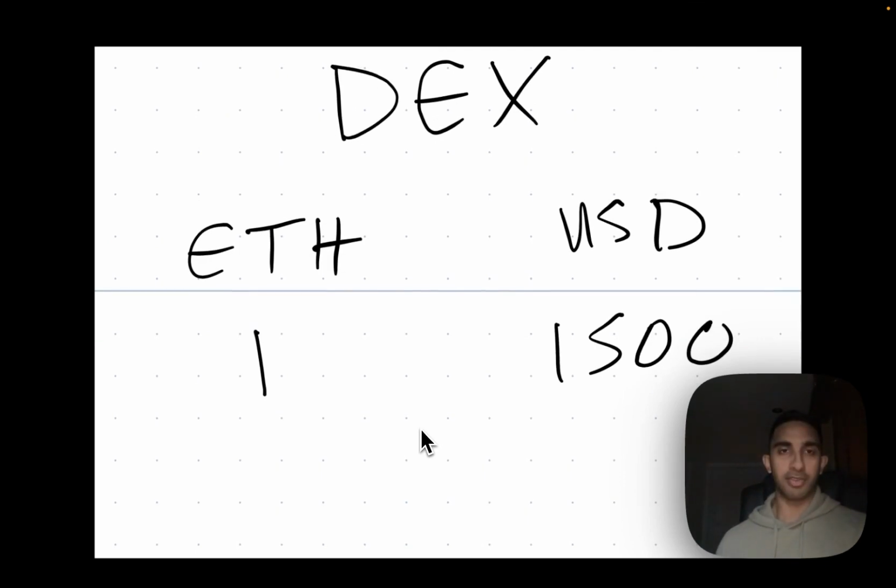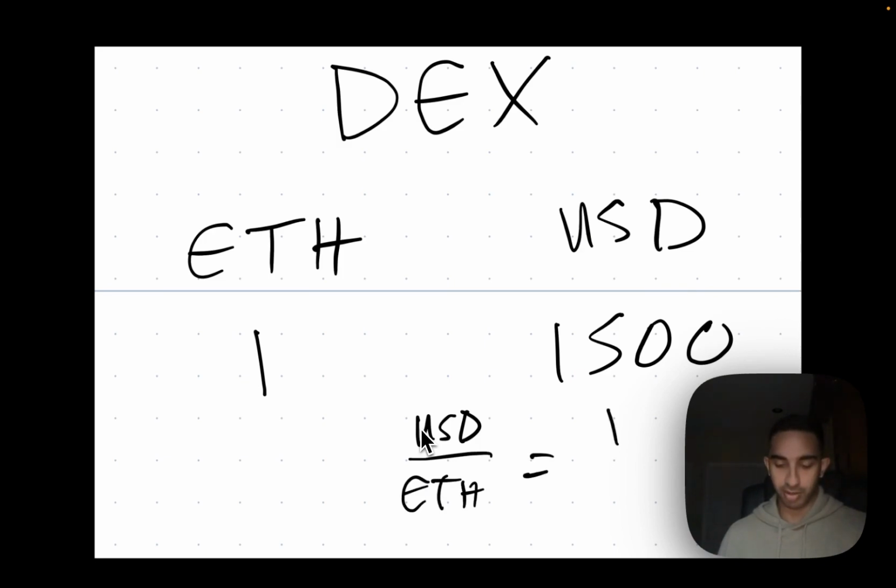Now the price of each asset is actually just determined by how much of the supply of each asset exists in the contract. So if you want to get the price of ETH, you just take the supply of USD divided by the supply of ETH. That equals 1,500 over 1, which is equal to 1,500 USD, which is the price.